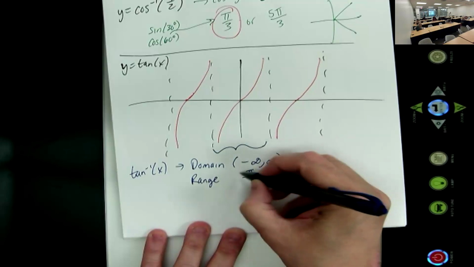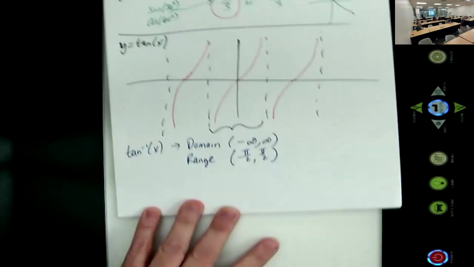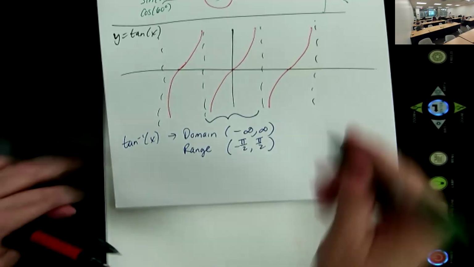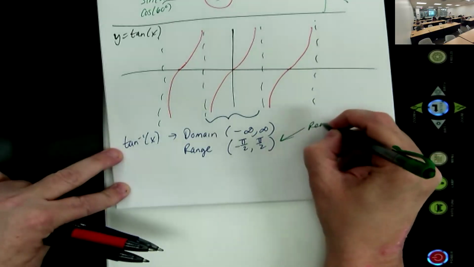But since those are asymptotes, we have to use parentheses, not brackets. And it's helpful to remember that those remain asymptotes.